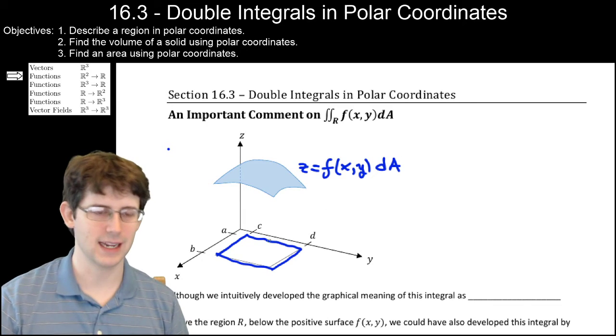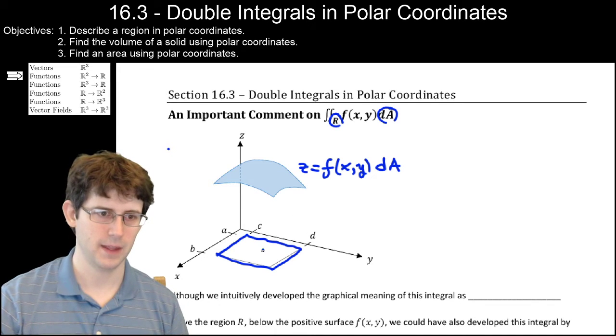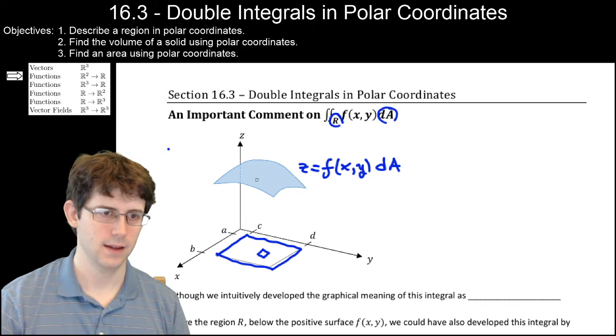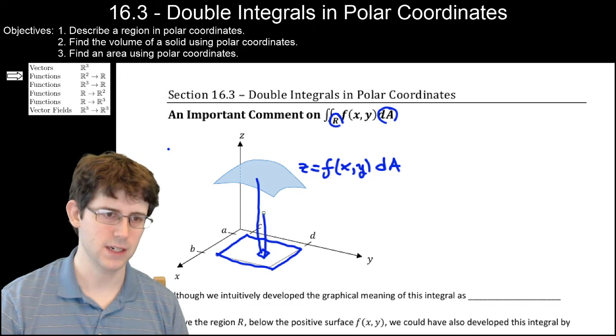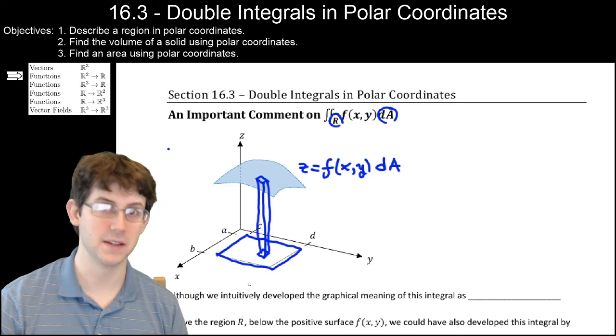I think of this as, well, all you need to do is slice up R into little pieces, which will be the dA. And here's a little slice, dA. And then you go up to the surface, and you get a really tall box of volume.